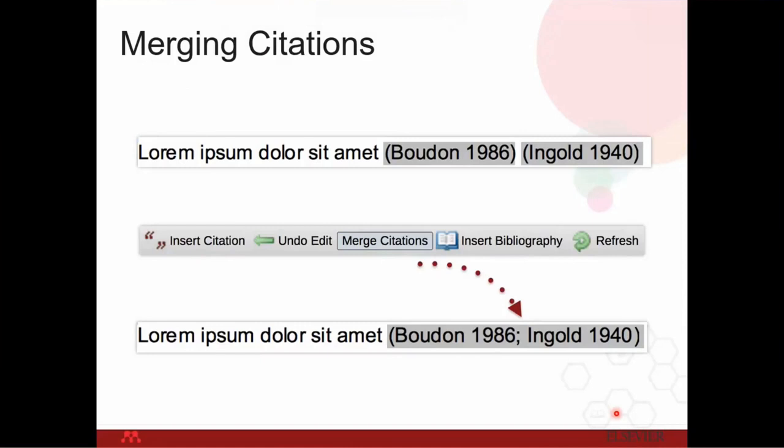I want to add more citations for this sentence, right? So what you need to do is just do the same steps as before, and you will get two lists of citations like this. What you need to do is just highlight them both, then press merge citation.